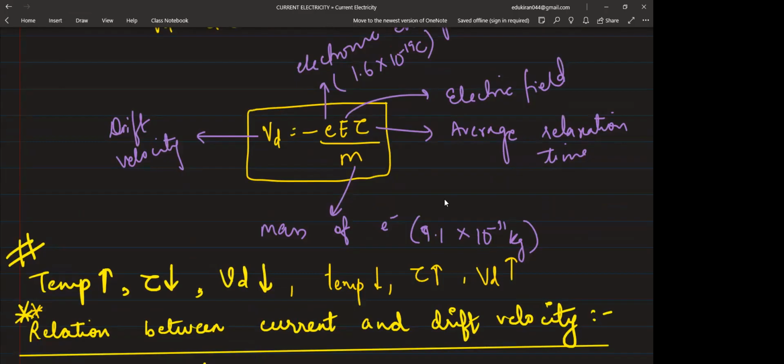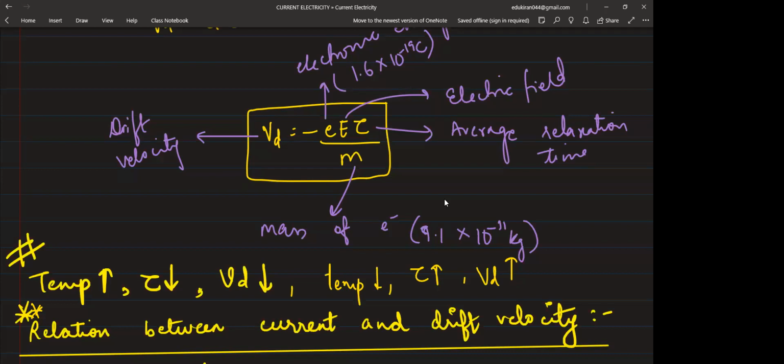See, Memuna, drift velocity's formula is important. This drift velocity's derivation is also important. But one more thing I'll tell you: when you study drift velocity, its entire process is all about average thermal velocity and all, correct?